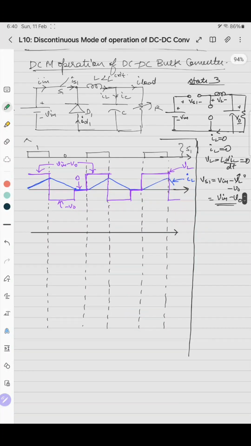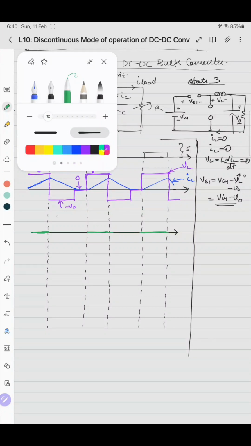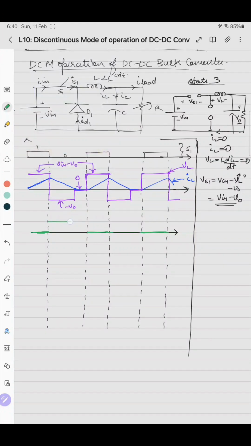When the switch is on, voltage across it is 0. When the switch is open and the diode is forward biased, the voltage across it is plus V in. So I'll draw like this, V in. This is V in and this is 0.